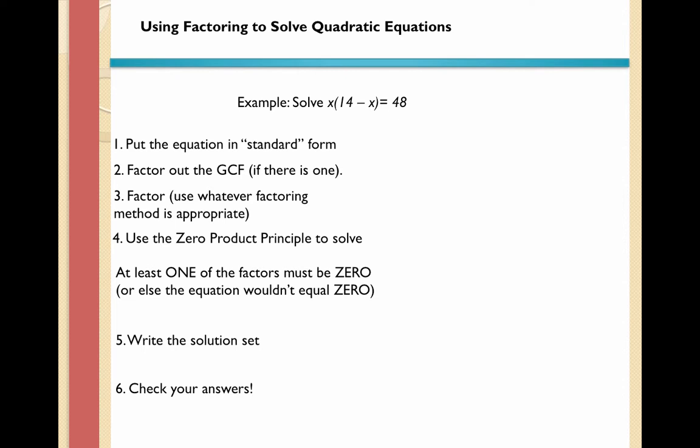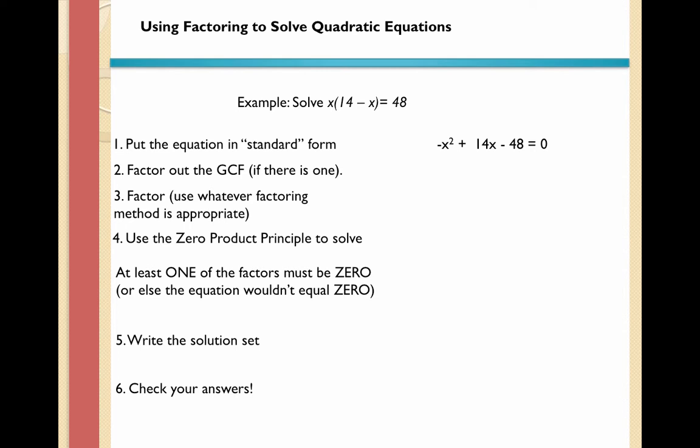Let's look at another equation. First step, put the equation into standard form. It's not, so we're going to have to do a little work. Again, pause if you want to do this and come back and look at the answer. So hopefully your answer looks something like this.